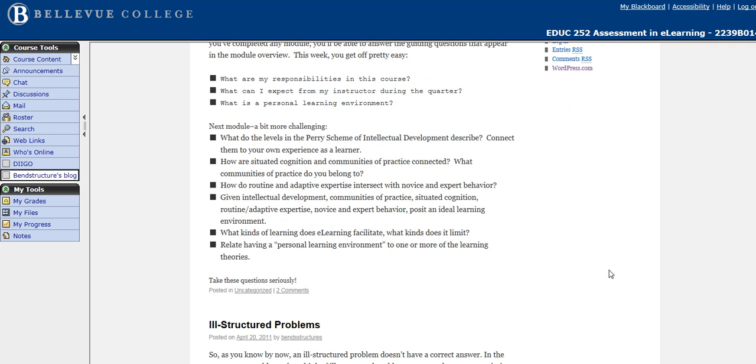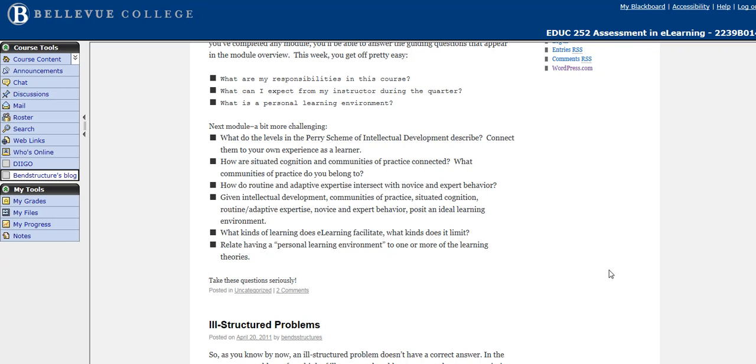One of the things that she has asked us to do is consider the levels in Perry's schema of intellectual development and connect them to our own experiences as a learner, be it our personal experience or things that we've observed in our classrooms. And also she's asked us about situated cognition and communities of practice, and how are they connected, and what does that mean?